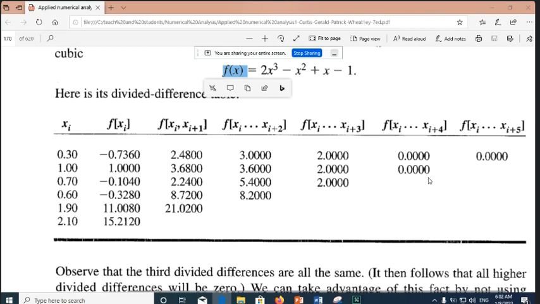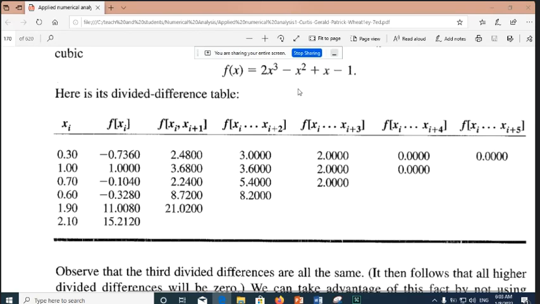We can see in the last two columns the values of divided differences are equal to 0, and there is a reason for that. To interpolate a function of degree 3, or a polynomial of degree 3, we just need 4 points.